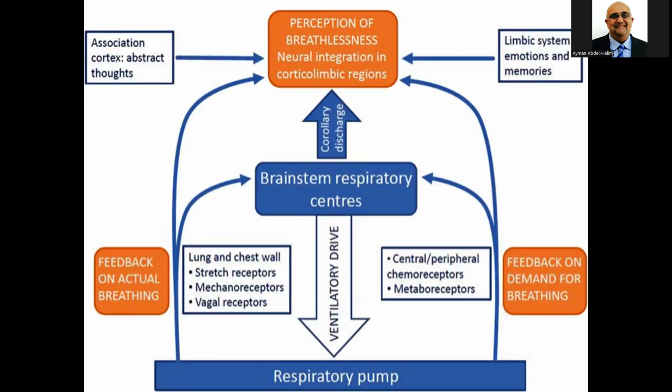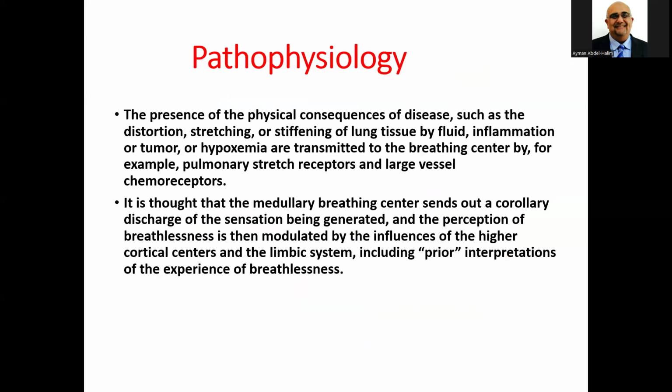Again, another nice picture for the pathophysiology of breathlessness here. The presence of physical consequences of the disease, such as distortion, stretching, or stiffening of the lung tissue by fluid, inflammation, or tumor, or hypoxemia, are transmitted to the breathing center by, for example, pulmonary stretch receptors and large vessel chemoreceptors.